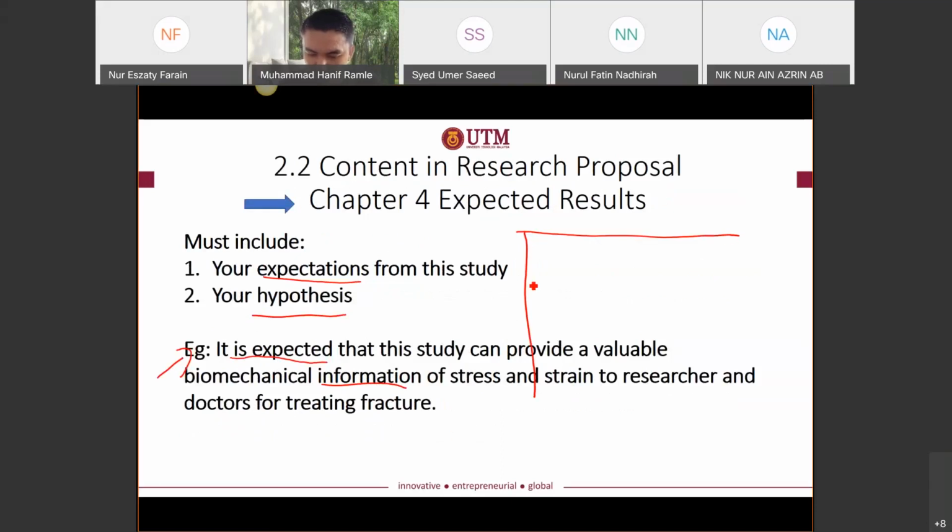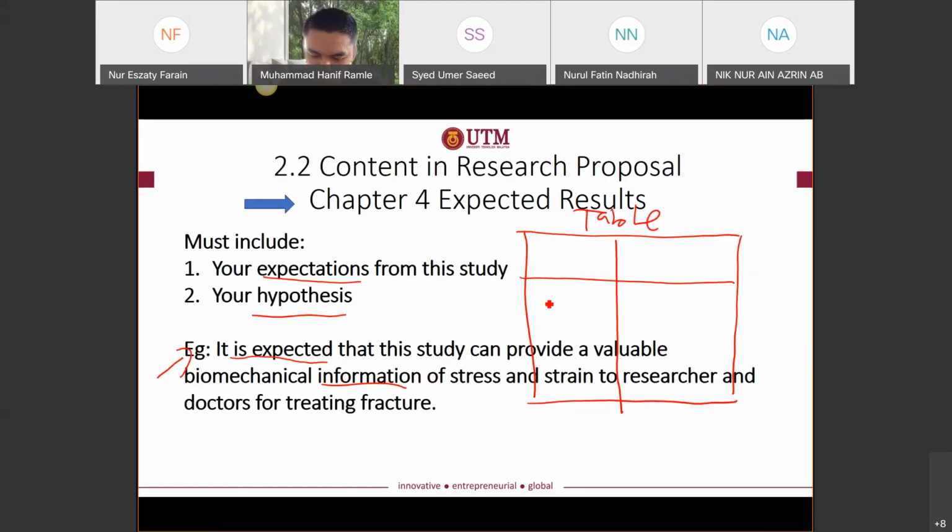Normally for my students, even those doing FYP, I suggest they simplify the expected result this way. You create a table like this, with a number of columns.